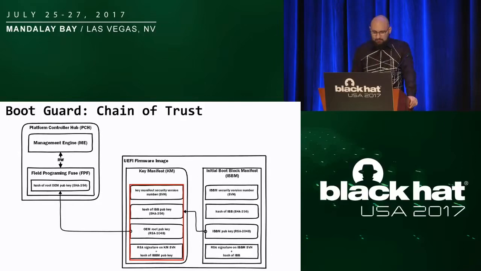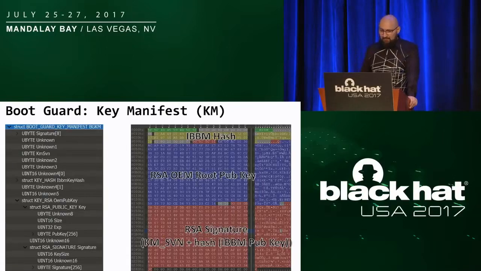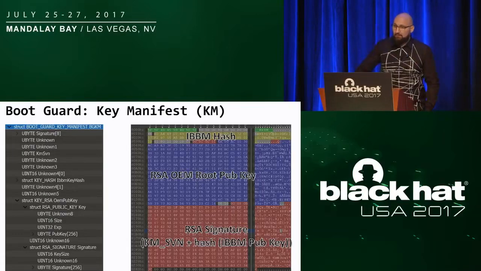Okay, but before we go deeper, let's discuss how the key manifest and the initial boot block manifest look. Boot Guard has the key manifest, which has the IBBM hash, the RSA root public key, the RSA signature, and the key manifest security version number.